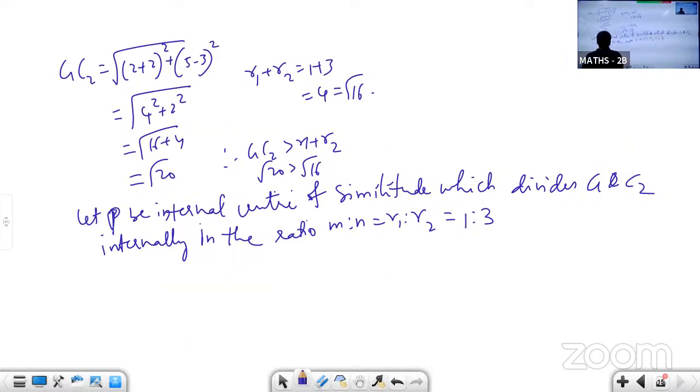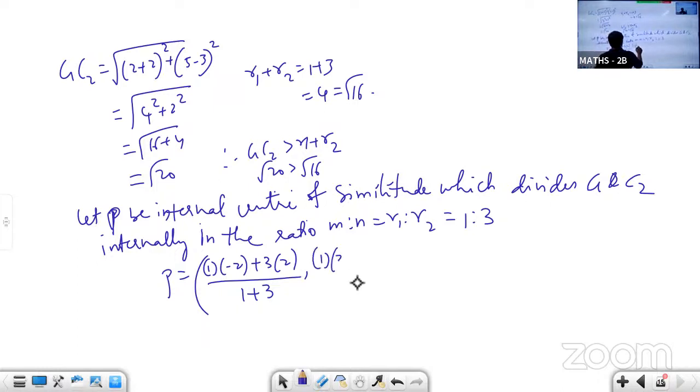Anyway, now we use the internal section formula. So P is equal to (mx2 plus nx1) by (m plus n), comma, (my2 plus ny1) by (m plus n).